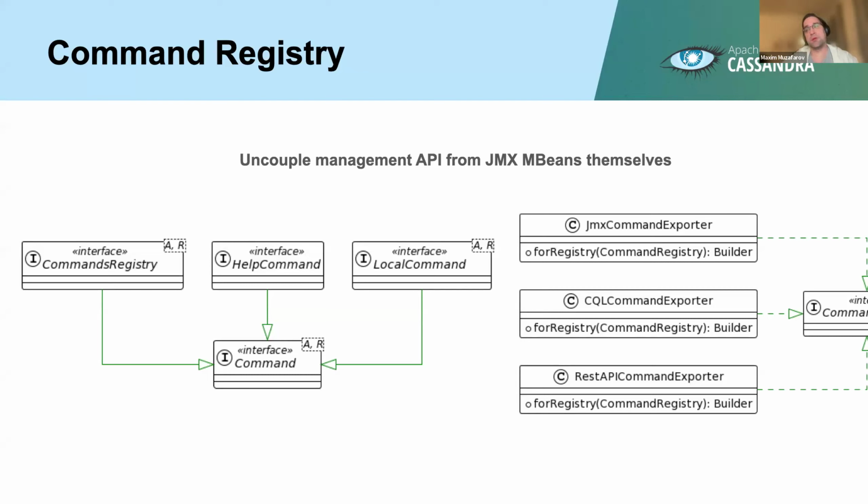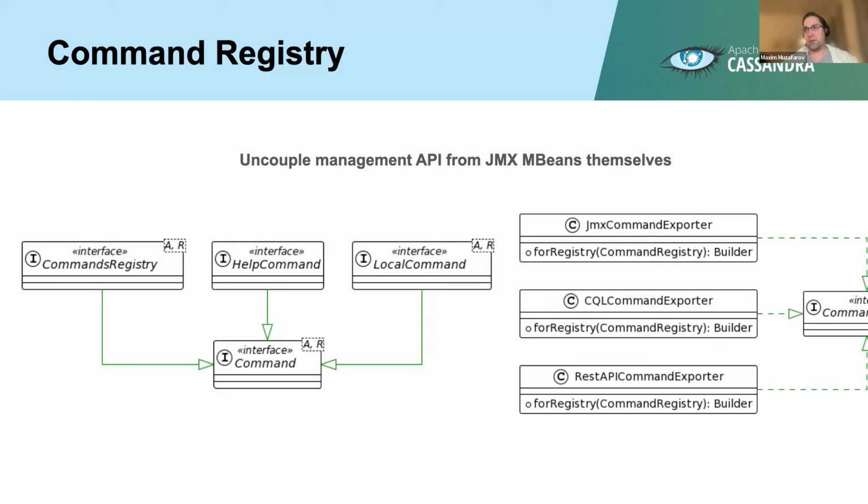And also we will export commands from this registry through various APIs, like the JMX that we have. It will probably be based on dynamic MBeans. So once a command is added to the registry, a new MBean will be created and it will automatically be available in this API.